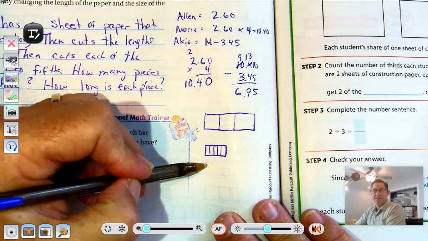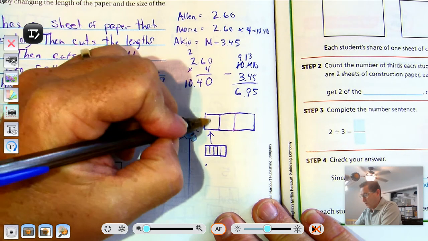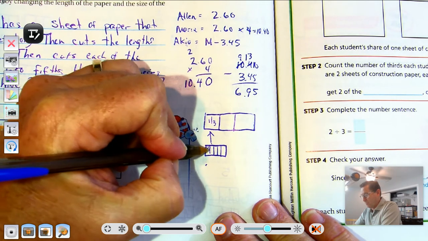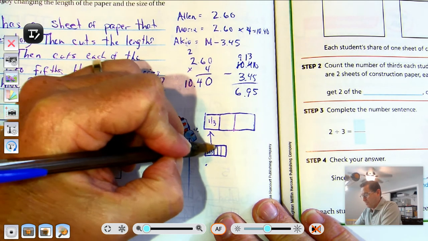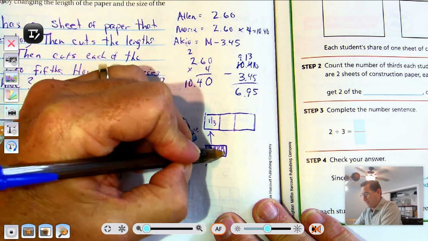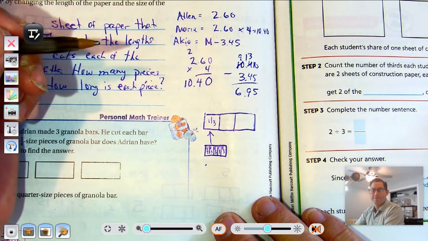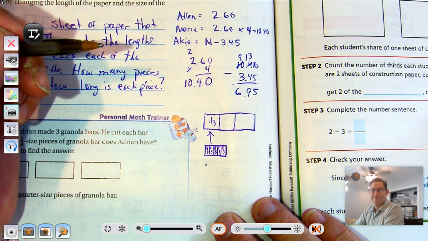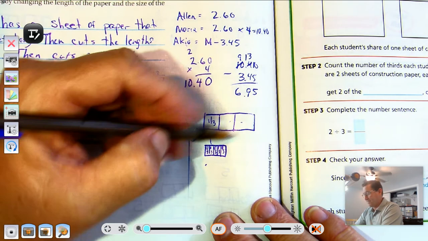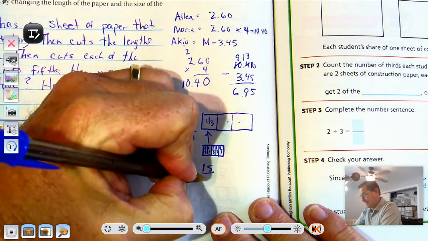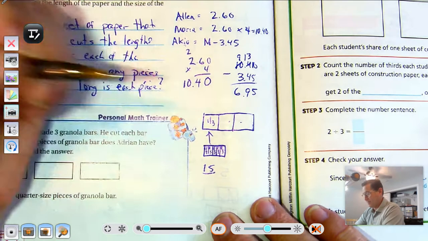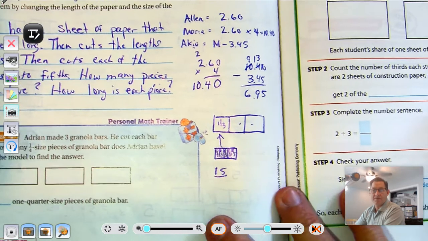So if there's 5 pieces in 1/3, or 5/5, right? Then there's going to be 15 of the 1/5 pieces.